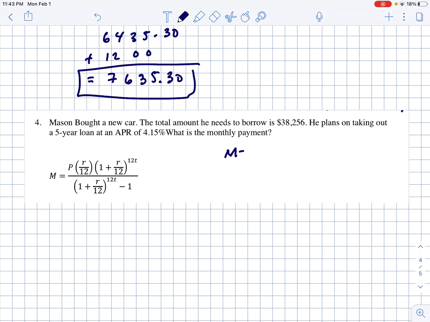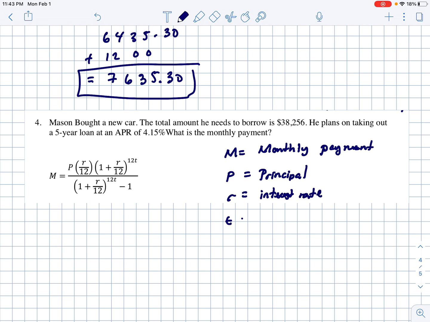M equals monthly payment, P is principal, R is interest rate, T equals number of years.